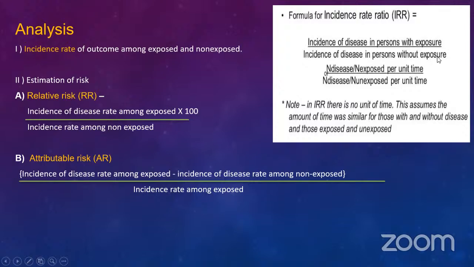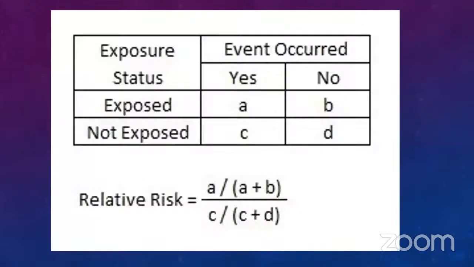And then the estimation of risk. So we have the relative risk, that is the incidence rate among the exposed divided by the incidence rate among the non-exposed, into 100. We can also find the attributable risk: incidence rate among the exposed minus incidence rate among the non-exposed, divided by the incidence rate among the exposed. I'll go into it in detail.